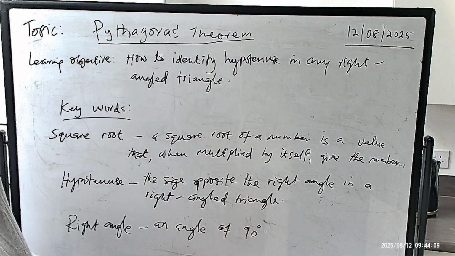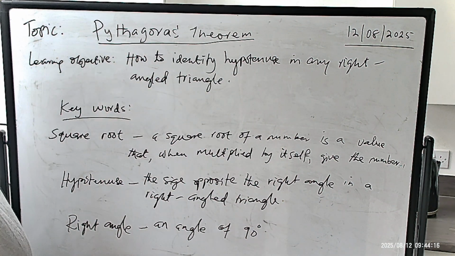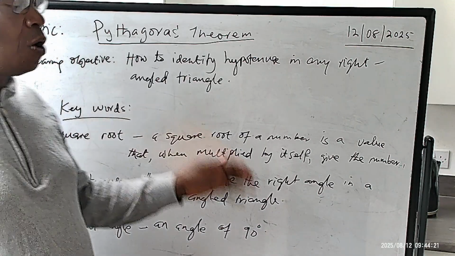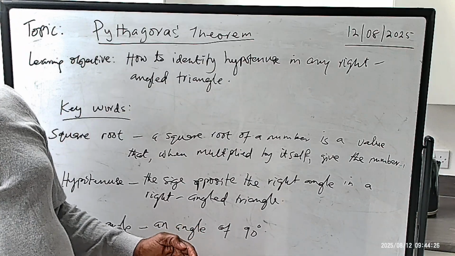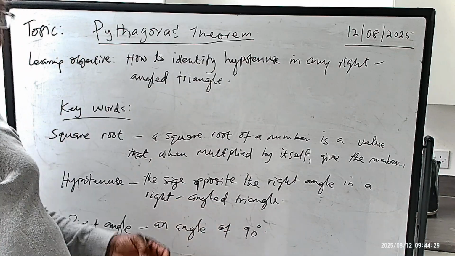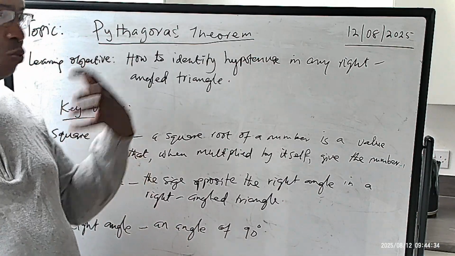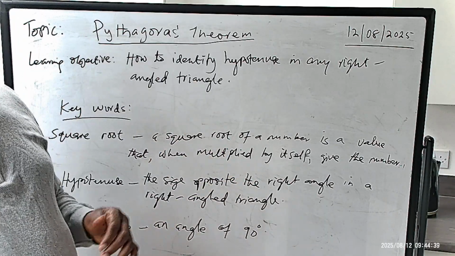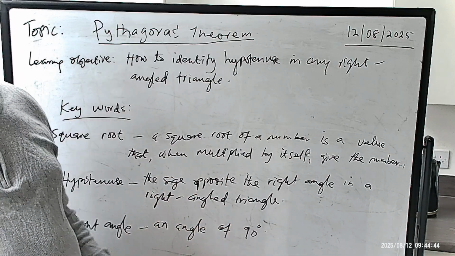Today we are going to dive into a new topic, and it's called Pythagoras theorem. It's a very light topic, because when you know this particular theory, you'll be able to solve questions that involve identifying a particular length of a right angle triangle, and later you understand that the basis of this is for us to identify and calculate the length of a particular unknown side of a triangle that is not given to us.